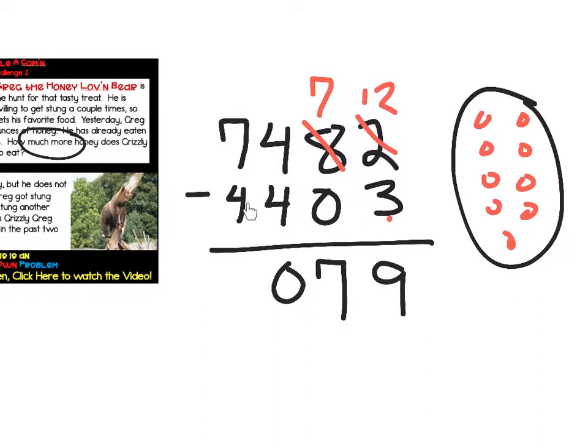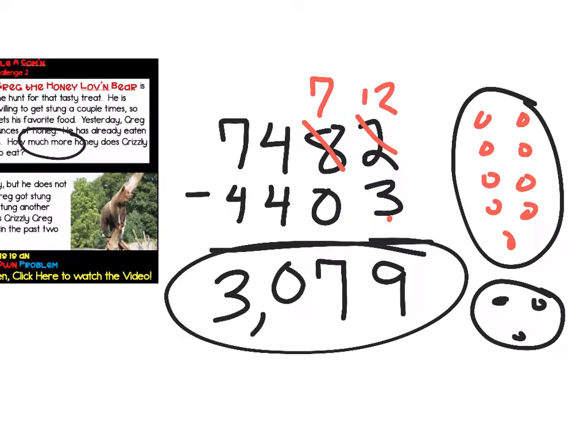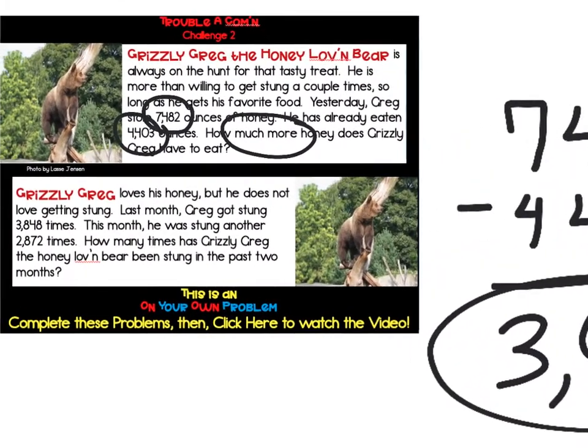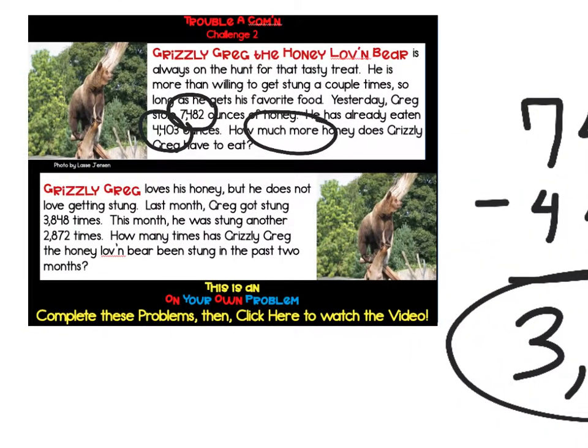And here we go. So 4 and 5, 6, 7. And there's 1, 2, 3 dots, so my answer is 3. And I can drop my comma, and right there you'll have it, my friends, 3,079. And that, my friends, is how much honey our good friend Grizzly Greg has left to eat.